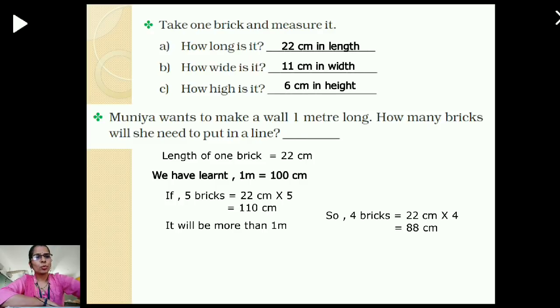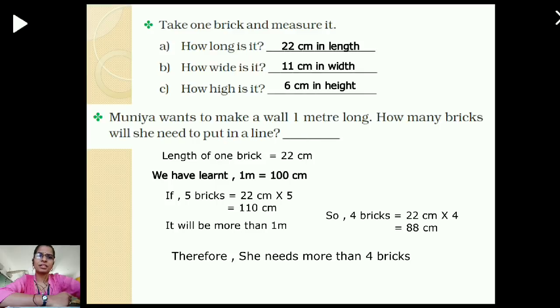So in short, she needs 4 bricks of 22 centimeter, but the 5th brick will be a little smaller than that. We see at construction sites that some masons break bricks and use them to fit certain gaps.